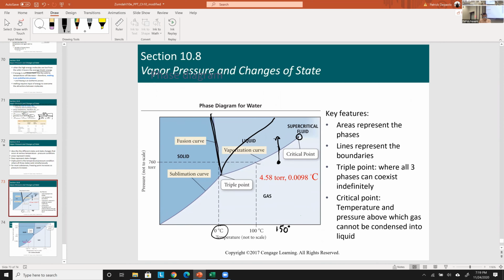Now, if we were to take off pressure, what we'll be doing is relieving the stress of the molecules. So we're all at 1 atm. If we decrease our pressure to 0 atm, and we're in a vacuum, we will turn into gas.